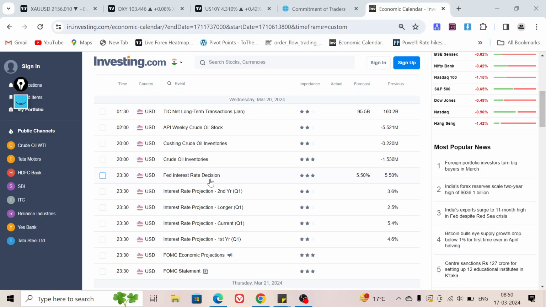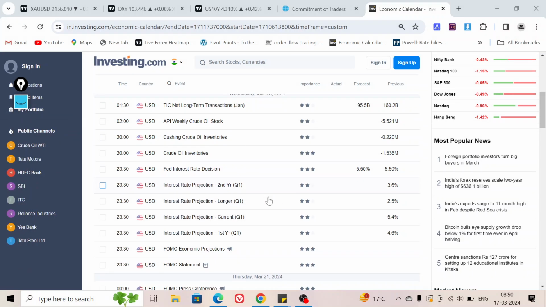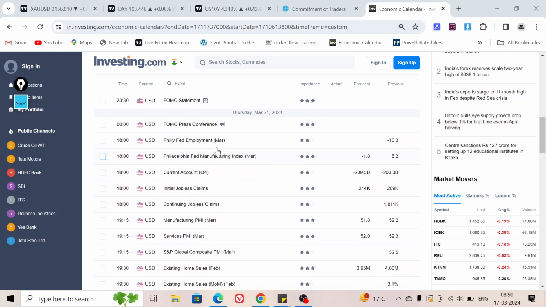Of course, this is the major event that we have to watch, and before this interest rate decision we can expect a sideways move, and we had better wait to see how the price behaves after the decision, and then position our entry accordingly. On Wednesday we have the FOMC economic projection and FOMC statement. That is also a major event that we have to watch and consider.